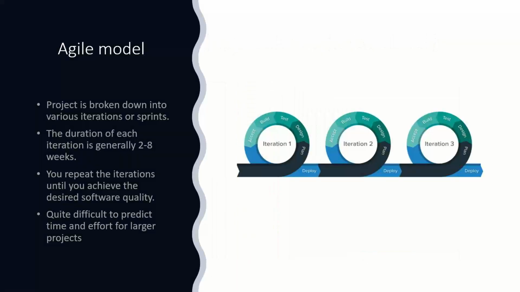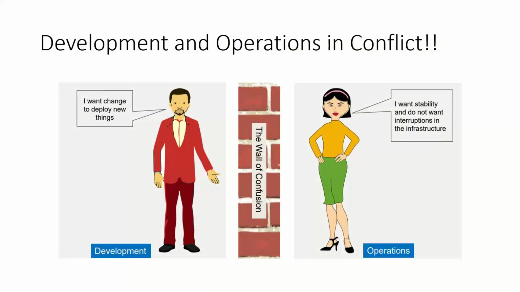Having discussed the waterfall model and the agile model, what drawbacks do we have between the development process and the operations team, right? You see in the picture, on one side there is a development team, and on the other side there is an operations team, right? So there is a wall. With the waterfall model and the agile model, there will be confusion between the teams.